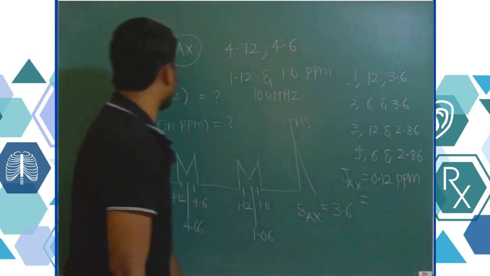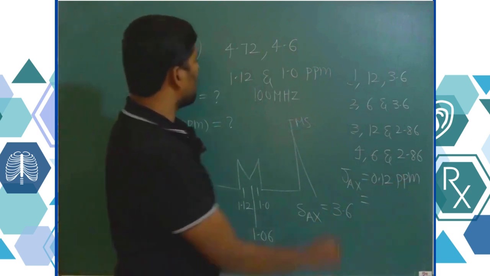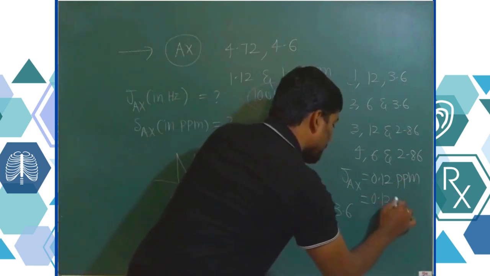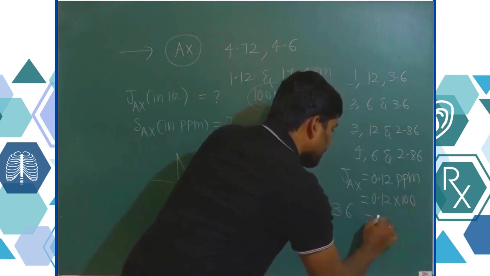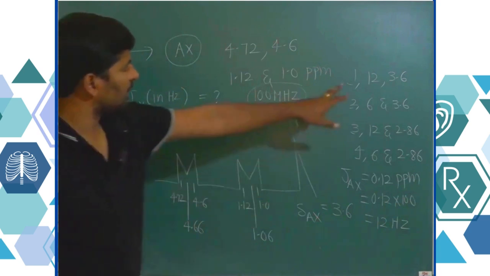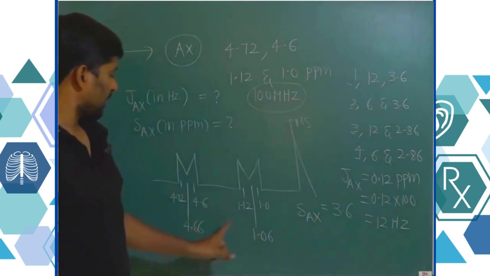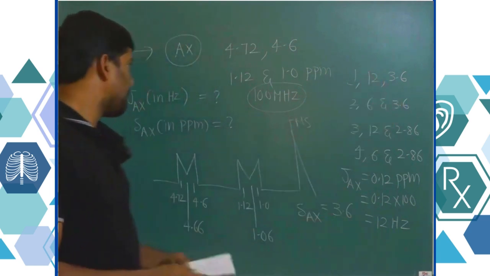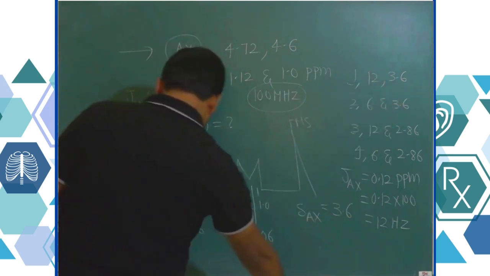But the question is in hertz. The instrument frequency given is 100 megahertz, so 0.12 ppm times 100 gives 12 hertz. So the coupling constant is 12 hertz, and the difference in the chemical shift values of A and X protons is 3.6. That is option 1.